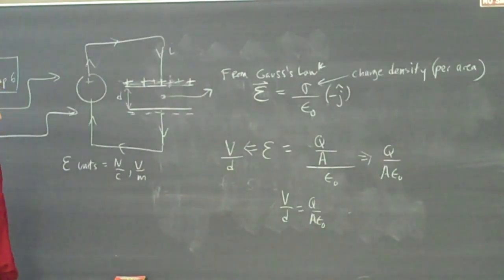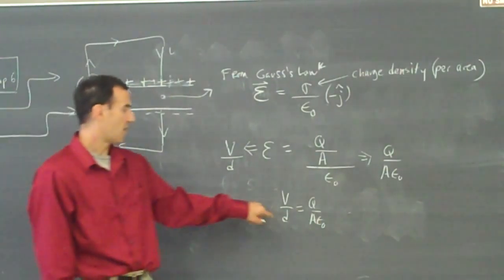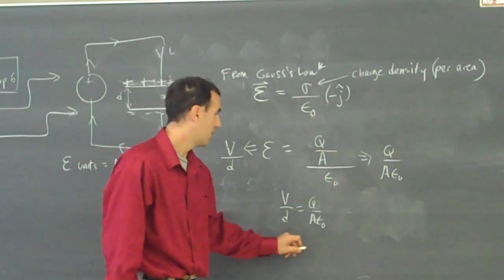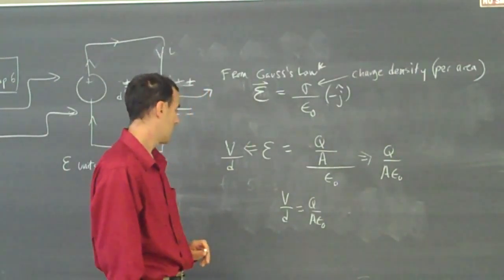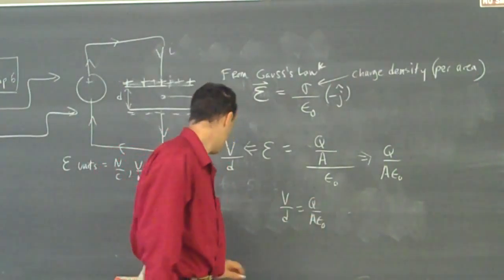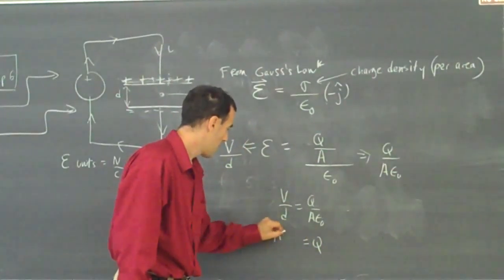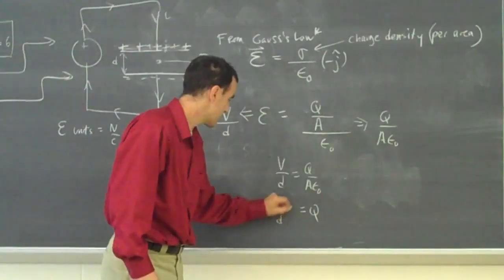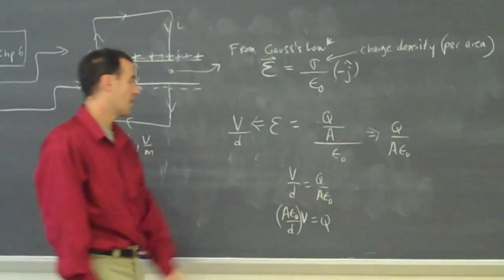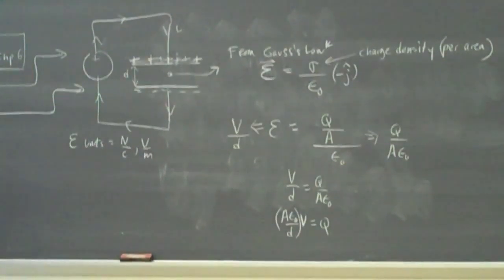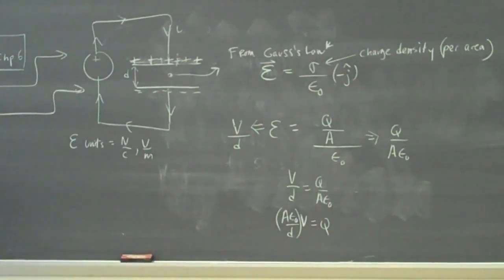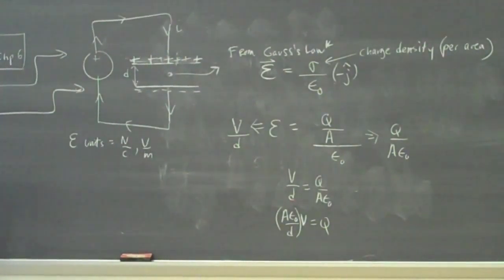Just two more steps. I'm going to solve this for Q. Okay, solved it for Q. Now finally I want to take that relationship, and instead of having a relationship between charge and voltage, I'd like to have a relationship between current and voltage.